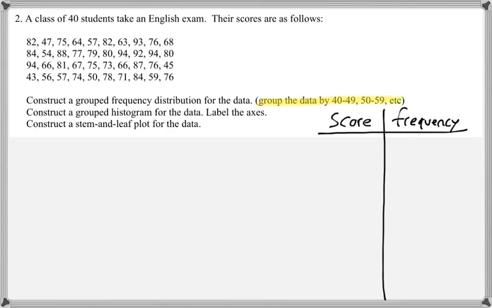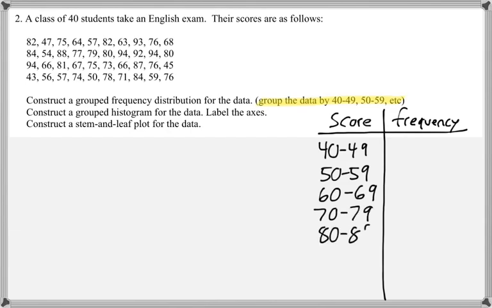So we have the 40s, 50s, and etc. So it looks like I have three values that are in the 40s. So this is going to be 3 here.